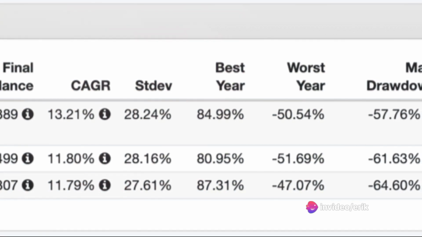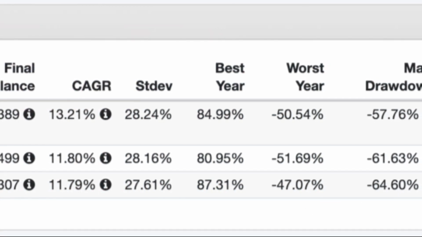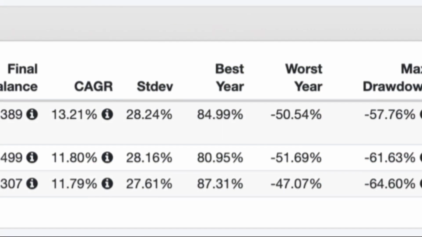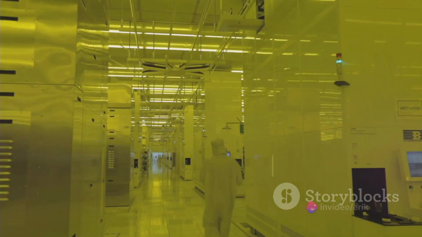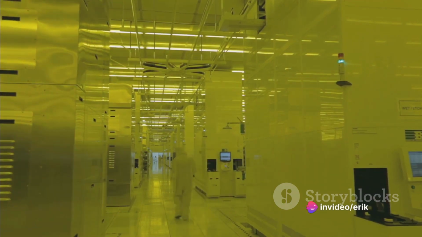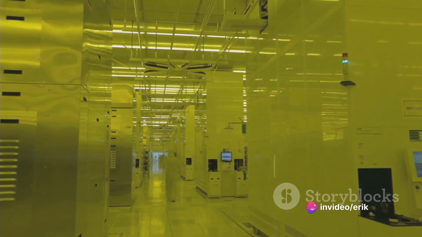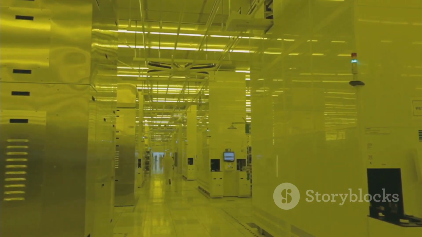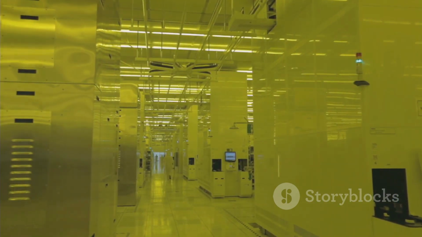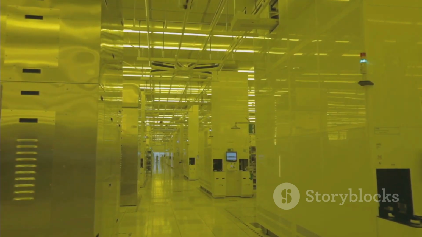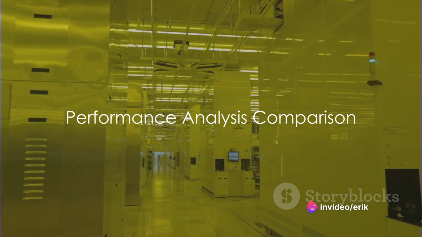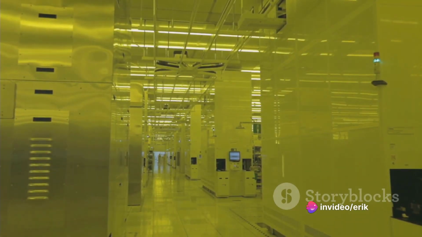The top performing year noted a growth of 80.95%, while the worst year recorded a drop of negative 51.69%. The maximum drawdown was notably higher at negative 61.63%. The Sharpe ratio was 0.49, with a Sortino ratio of 0.75 and a market correlation of 0.80. With this analysis, we can see how SMH stacks up against its competitors in terms of risks and returns.